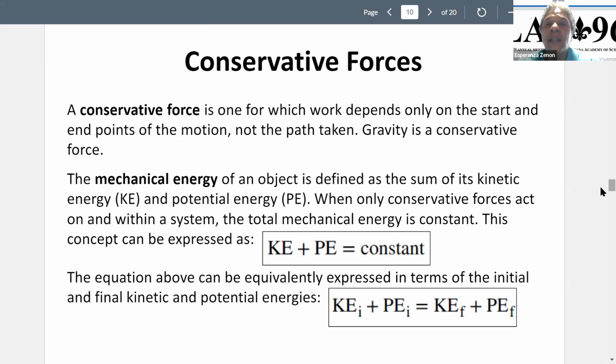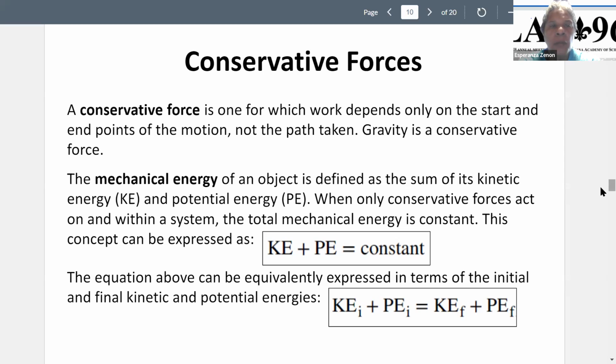So when a force is conservative, like gravity, the work done only depends on where you start and where you finish, not how you got there. So gravity is one of those conservative forces, path independent. That's one of the characteristics of a conservative force.